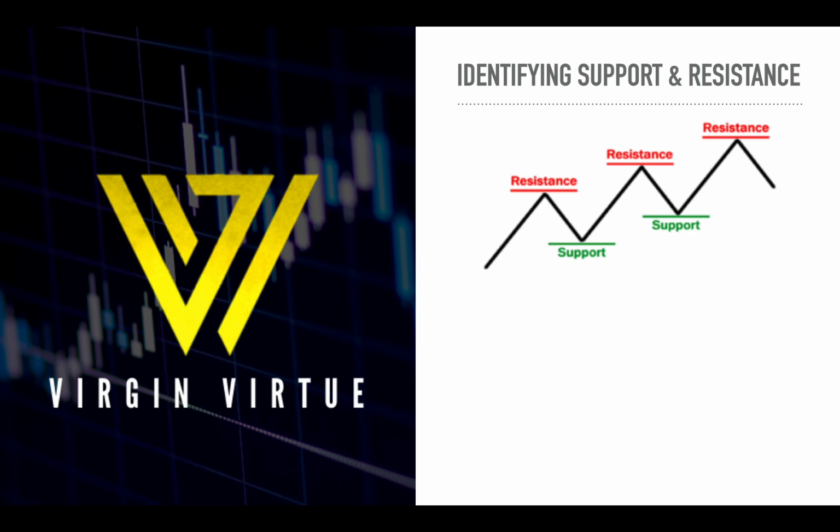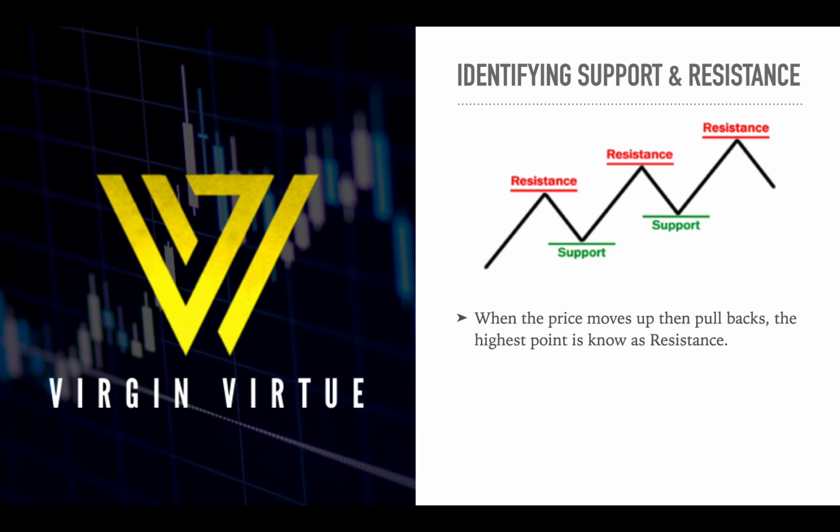A breakout has actually happened over here. When the breakout happened here and it moves up, there is another resistance over here which pushes the price down, and there's another support over here, and moving up, the same formula. That is identifying support and resistance, and it is that easy and very simple, guys.